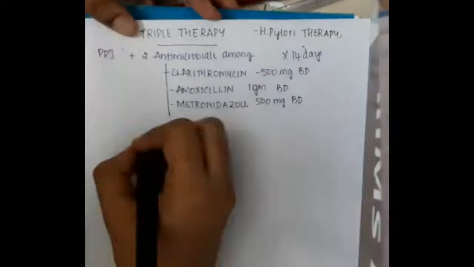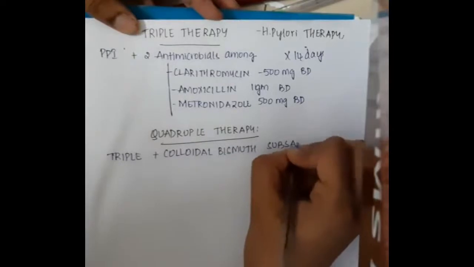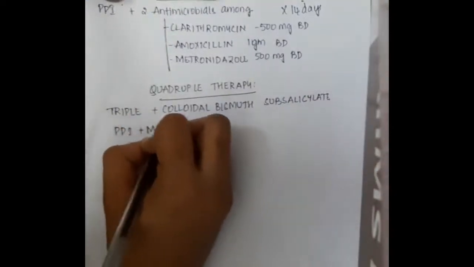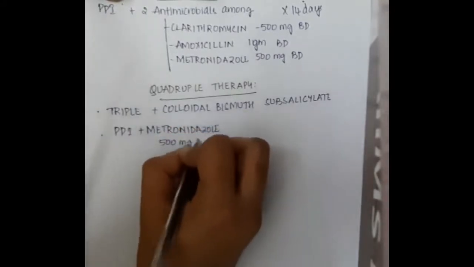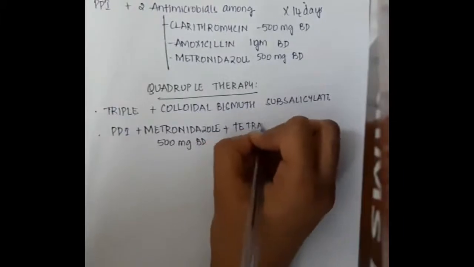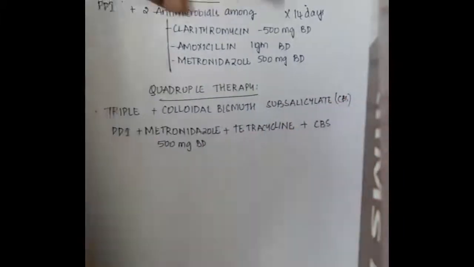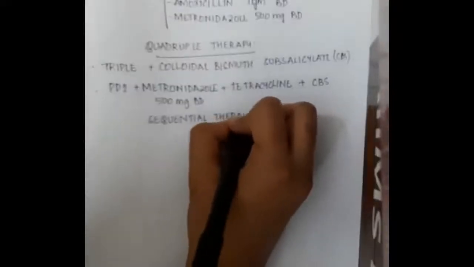So this triple therapy is given for 14 days. Then we have quadruple therapy which is again given for 14 days. Here we give triple therapy with colloidal bismuth subsalicylate, and the triple therapy can be proton pump inhibitors with metronidazole 500 mg BD, or tetracycline can be given, and also we combine it with colloidal bismuth subsalicylate. So that is quadruple therapy.